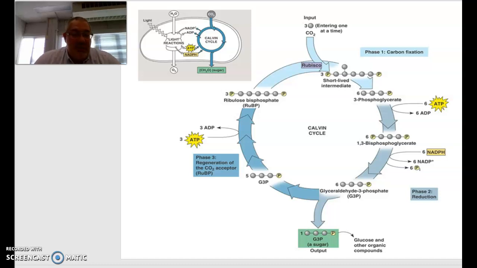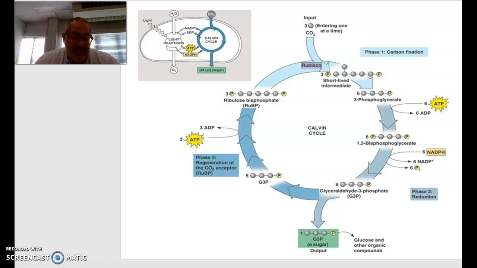So the Calvin cycle, or the light independent reactions, involve fixing carbon dioxide into a cyclical pathway, reducing the organic molecule through the addition of hydrogen, and then finally regenerating the molecule that will accept carbon dioxide into this cycle.